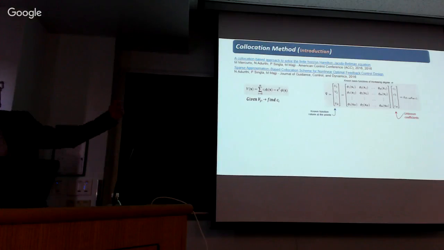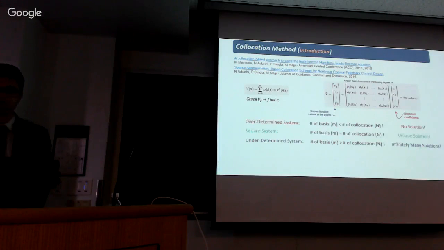Here, on the left side, I have the known value function at n points. Then I have the basis functions at those points that are known, and then I have a vector of the unknown coefficients. In this problem, there will be three conditions.